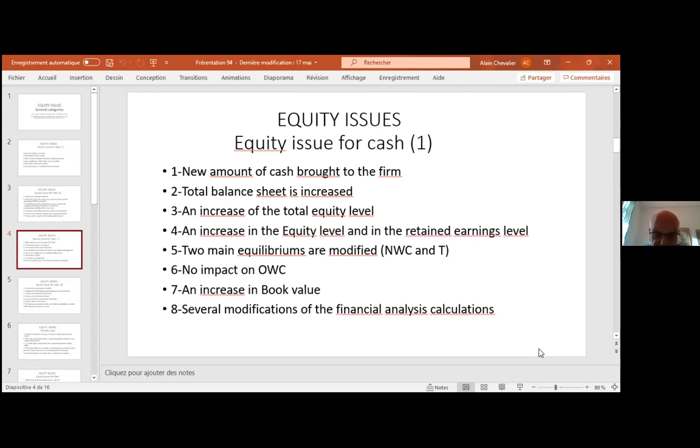The level of cash you get is higher than the original value of a share in the balance sheet. For example, have a look at your balance sheet and you see that in terms of book value, it is 100 euros, and you sell the new shares for 150 because the firm has grown, better return, higher market shares than at the time.